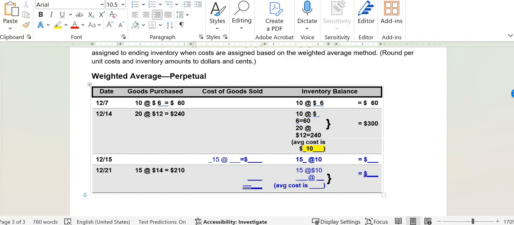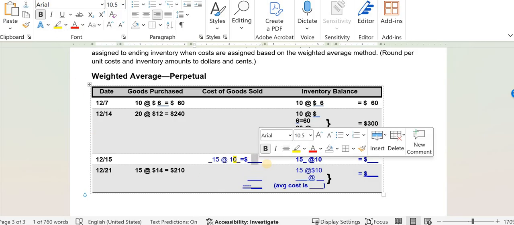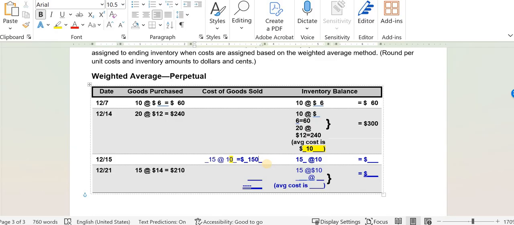We use our average. $10 is our average cost, so that's what we use. So cost of goods sold is $150. What's left? Well, I had 30 units. I sold 15, so I think I got 15 left. And the cost is the $10 average that I calculated.